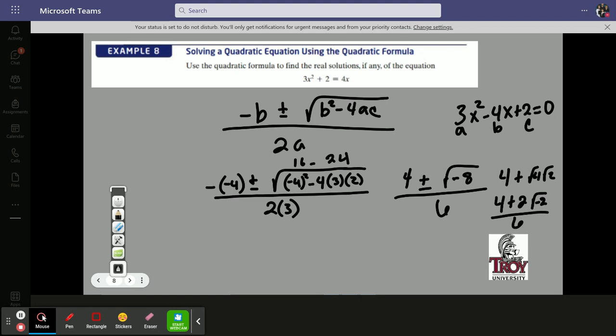What's going to simplify there? 4, 2. So I'm going to have 2 plus or minus the square root of negative 2 over 3.